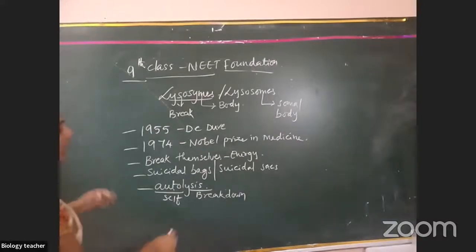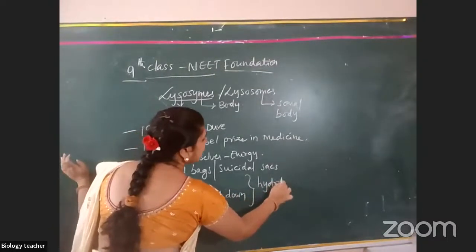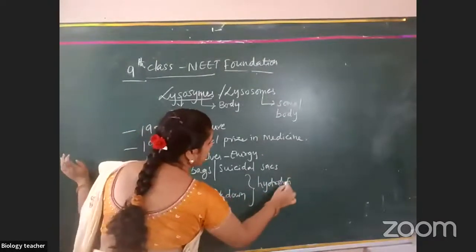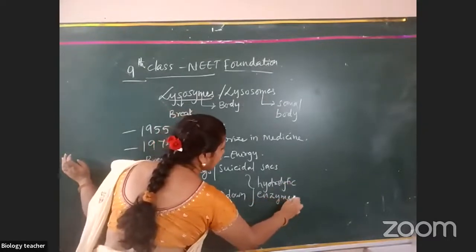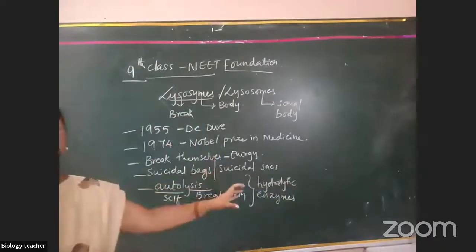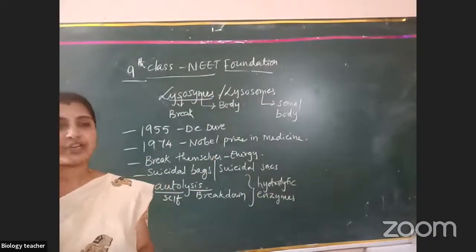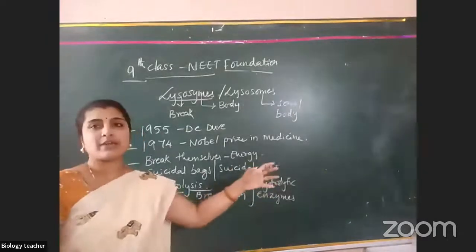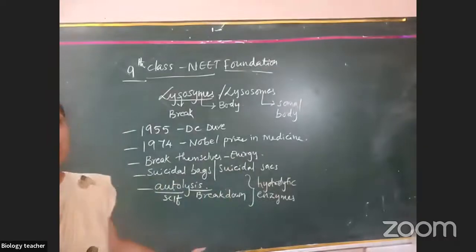When they break down, water is released, and hydrolytic enzymes will break down. Hydrolytic enzymes are present in the body, and these hydrolytic enzymes only will break down. Enzymes are responsible for the reaction process. That hydrolytic enzyme will break down the lysosomes.